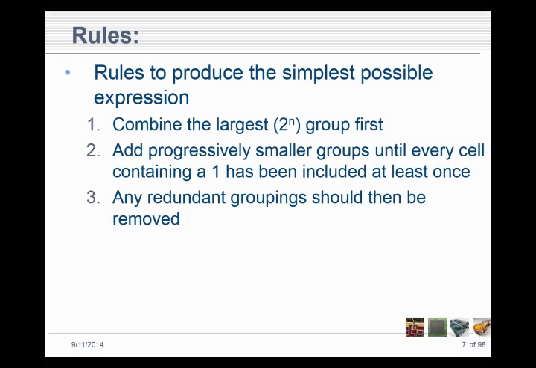So here are the rules for pulling out that minimum SOP expression, and that's the way I write it in all the homework types or even on the test. Give me the minimum SOP.